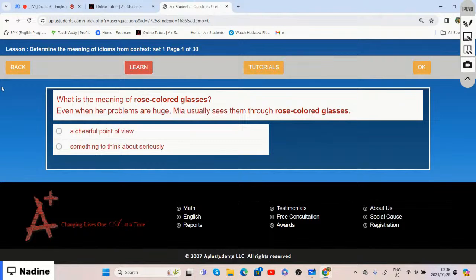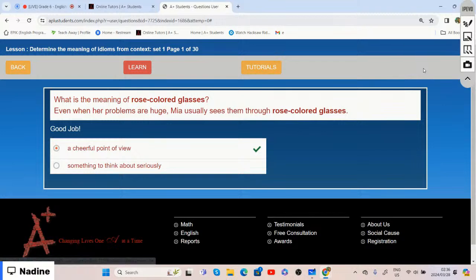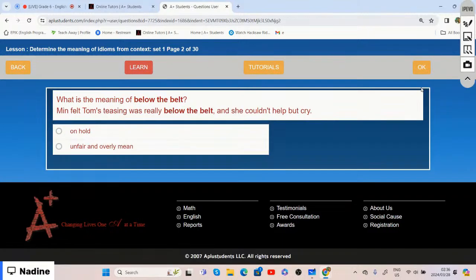So, if we choose the correct one, we can say it is a cheerful or happy point of view, right? Because it can either mean something happy, it can mean something positive, right? You are excited, you're cheerful. So well done. Cheerful point of view is correct.